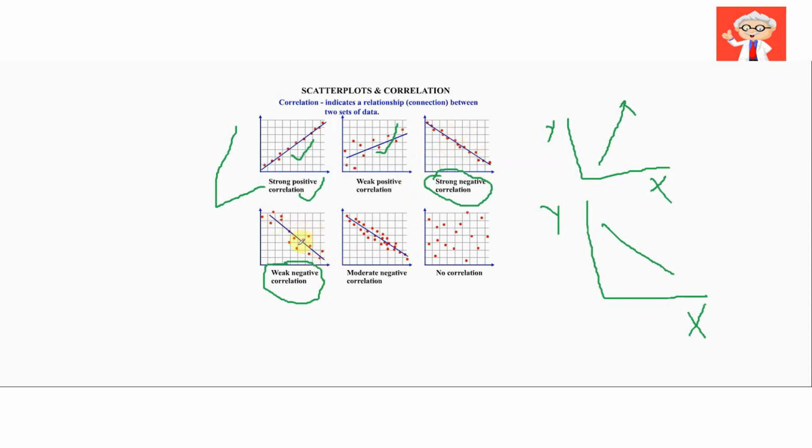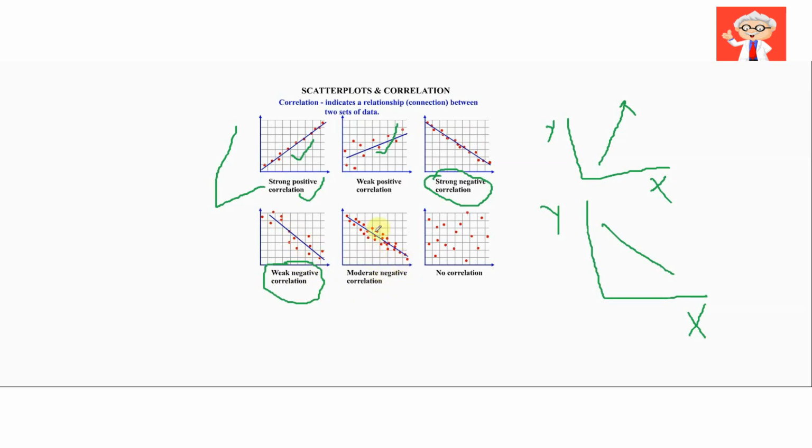And also the values, shown by the red dotted line, are not all lying on the same downward sloping line. So this shows a weak negative correlation. In the next case there is a moderate negative correlation.